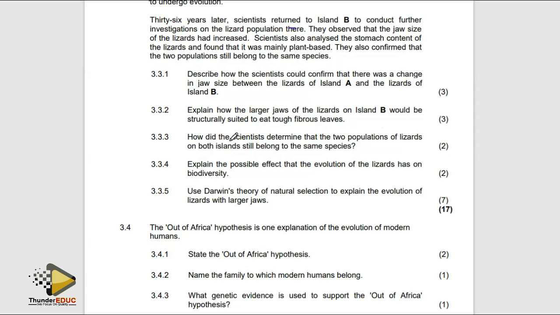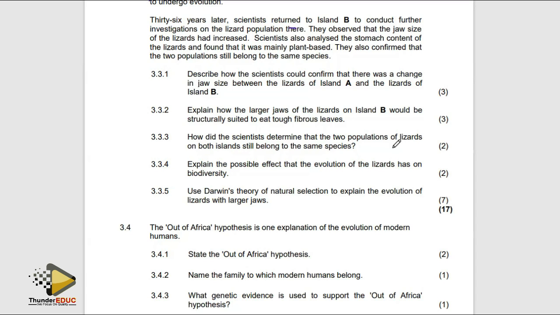How did the scientists determine that the two populations of the lizards, both on the island, still belong to the same species? Don't forget that a species is made up of organisms that can interbreed to produce fertile offspring.